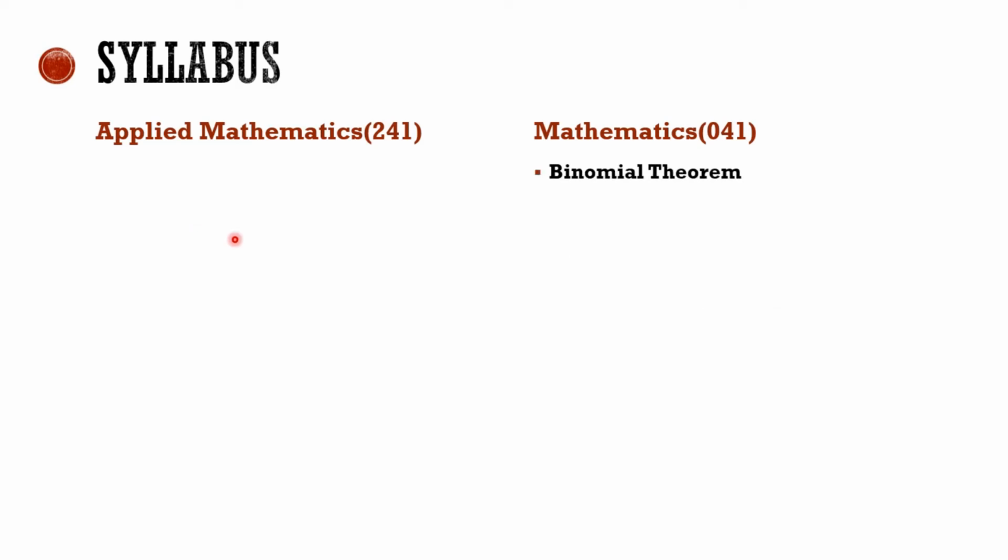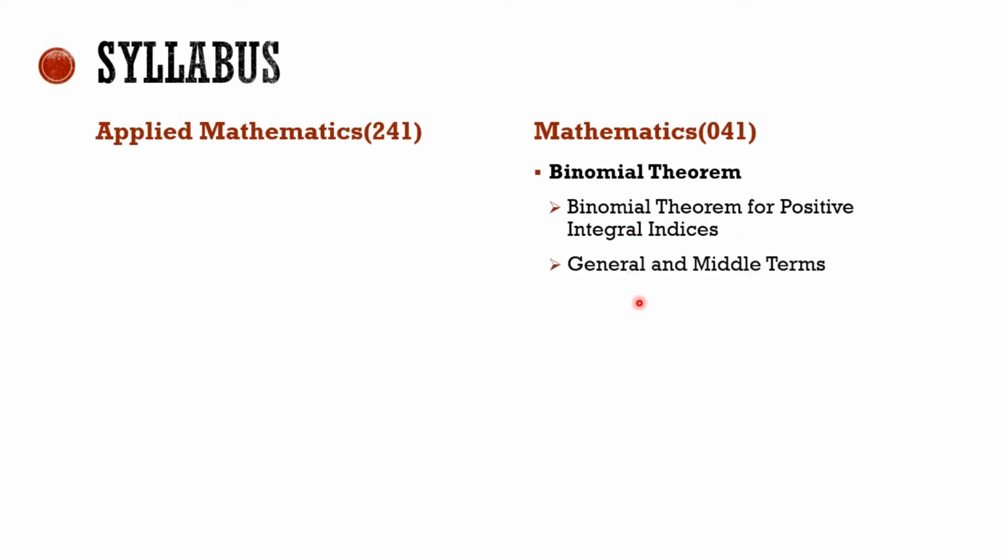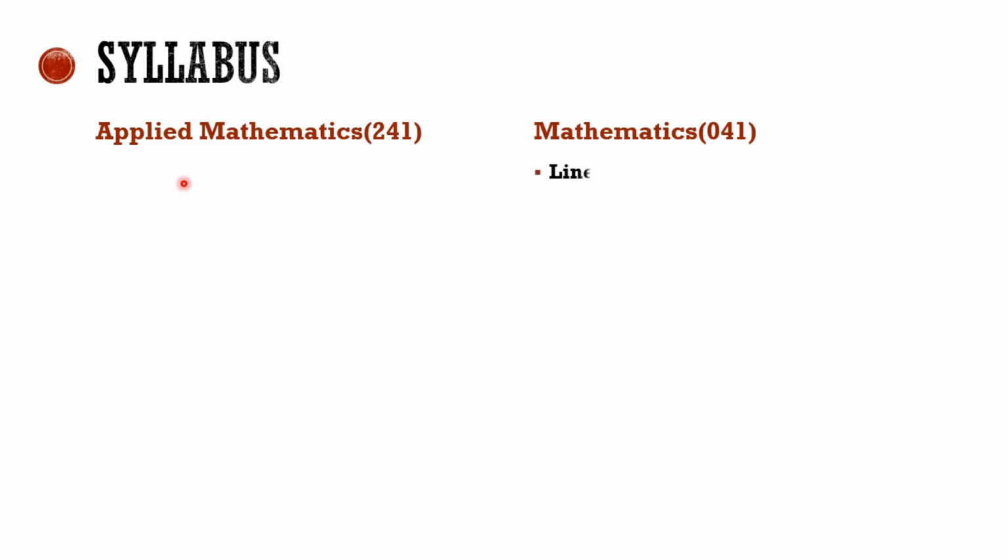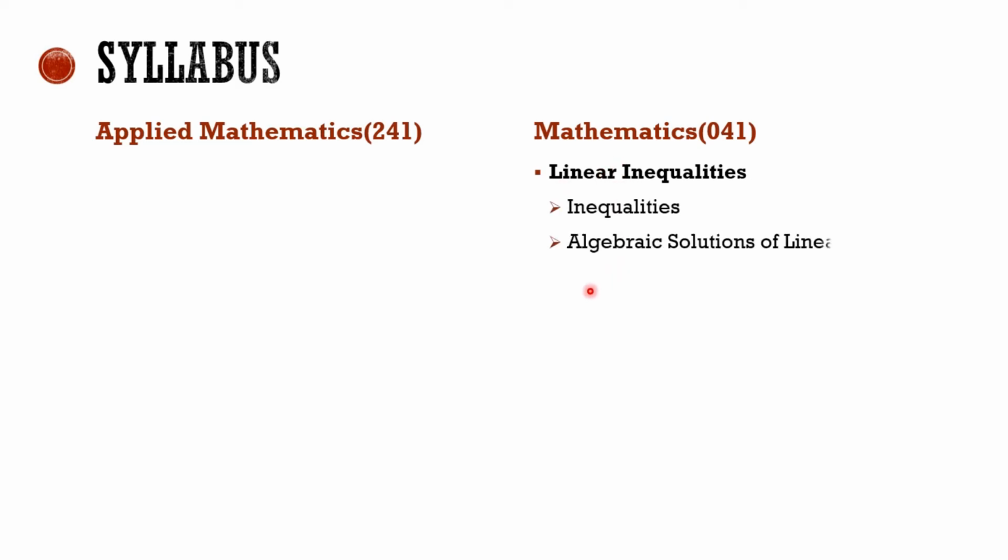Next, in mathematics, binomial theorem is given, especially binomial theorem for positive integral powers, general and middle terms, and it is not covered in applied mathematics. Next, linear inequality is given in mathematics, and this chapter is not given in applied mathematics.